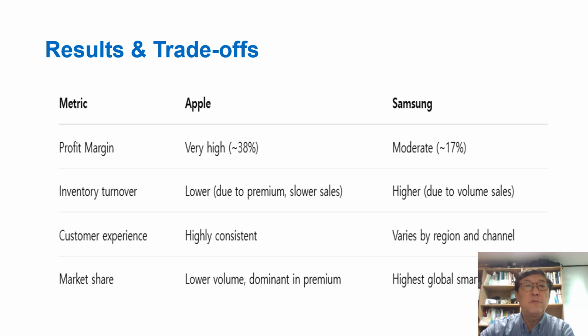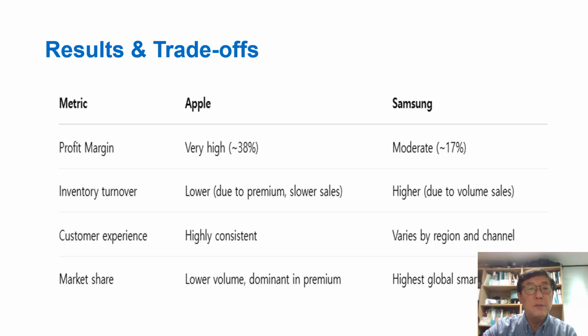As for results and trade-offs, profit margin is very high for Apple, 38%, and moderate for Samsung, 17%. Most Chinese brands are below 10%, even below 5% margin. Inventory turnover is low for Apple due to premium, slower sales, but very high for Samsung due to volume sales.